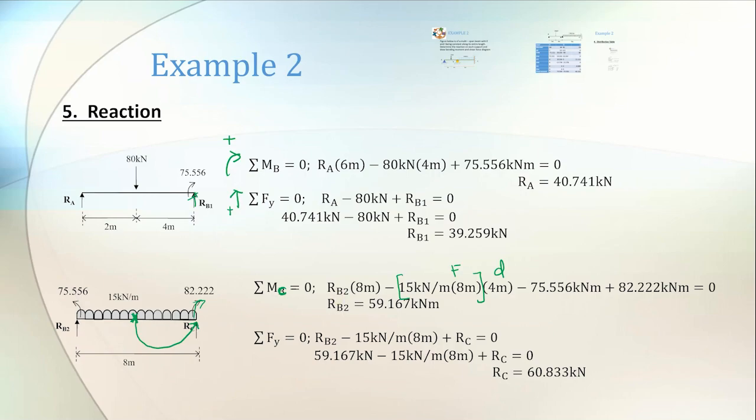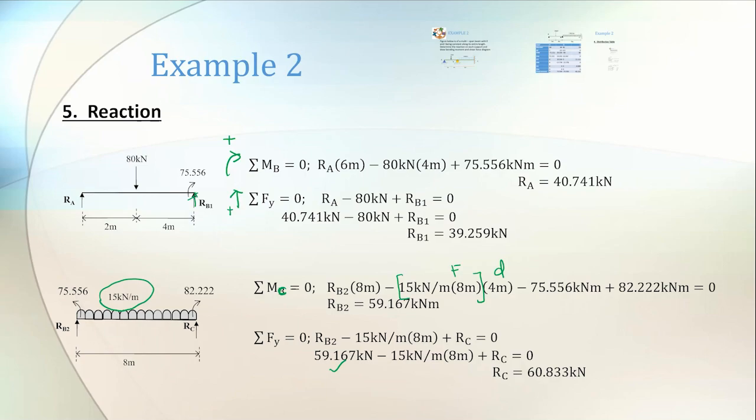The next thing is we can solve for RC just using this force equation. I have this RB2 value already, which is 59.167. Okay, and then I have another force which is UDL here, 15 kilonewton per meter. For 1 meter it is 15, so for 8 meter you just multiply by 8.